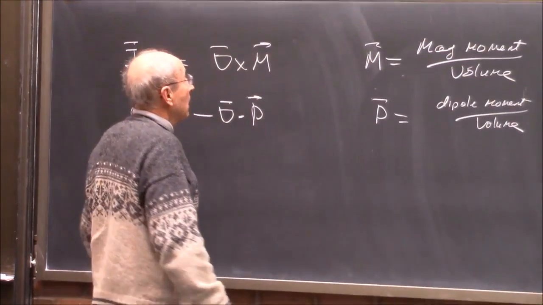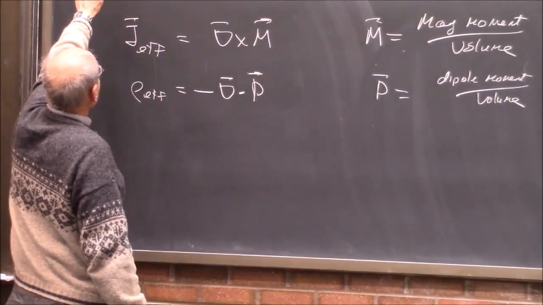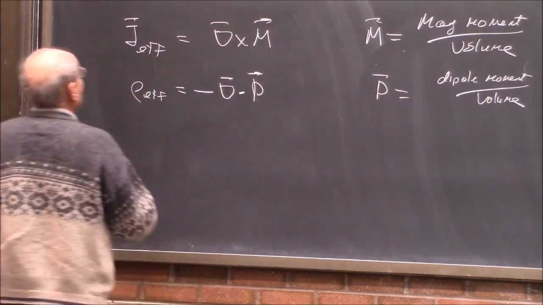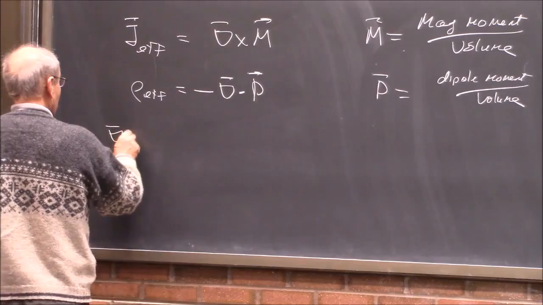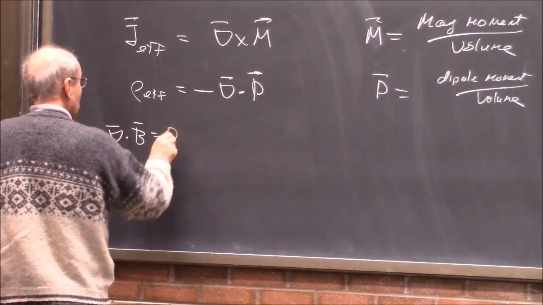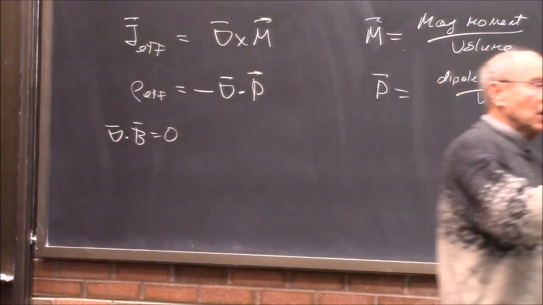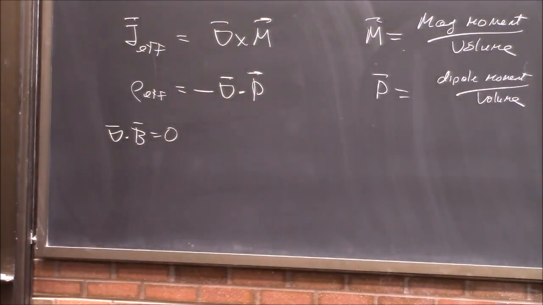Now, we showed that the differential equations for B were: the divergence of B was equal to 0. That's because since it's a dipole, the lines come out one end of the dipole and go in the other.